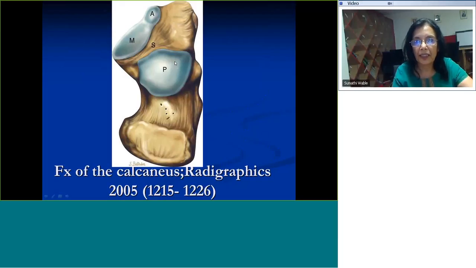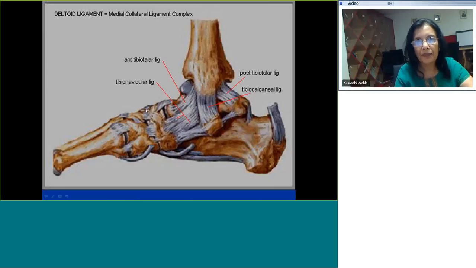Just to look at the subtalar facets of the calcaneus, the anterior and middle facet comprise the anterior subtalar joint, and the posterior facet will form the posterior subtalar joint with the talus. So just to remember, 3 facets, 2 subtalar joints.